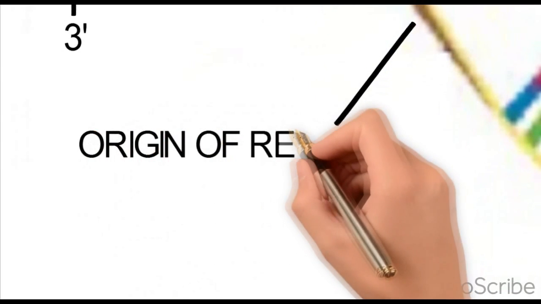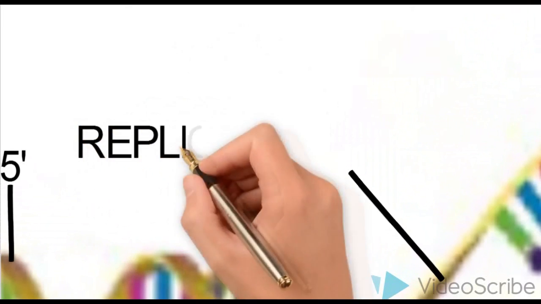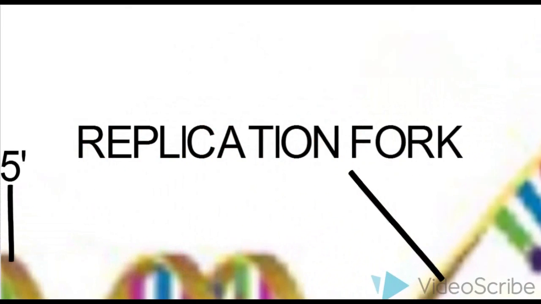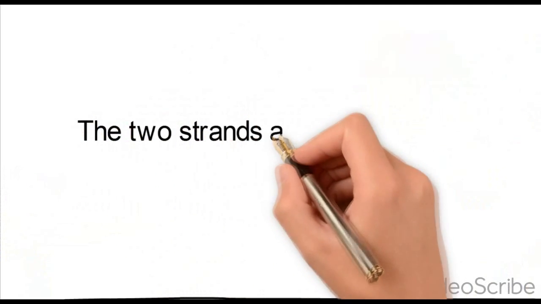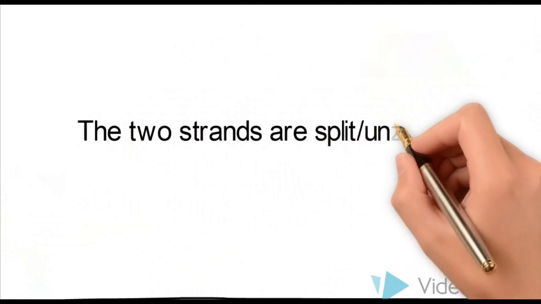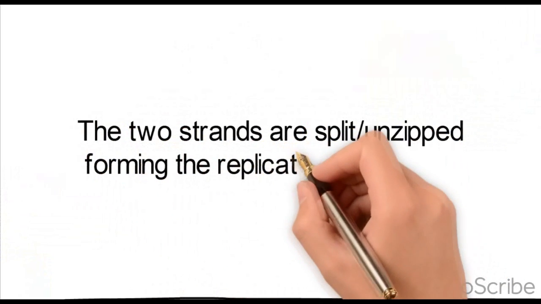So one of them is the origin of replication. And here it will give the replication fork. The 2 strands are split, unzipped, forming the replication fork.